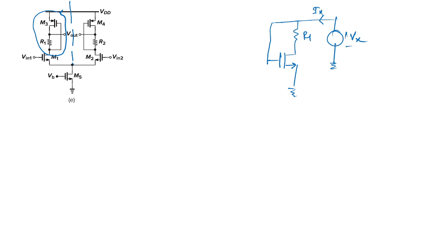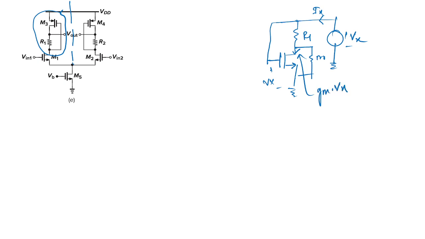If this node voltage is Vx, this node voltage is also Vx because the gate current is 0. So the VGS value is Vx and this is R0. Now what is the current flowing through here? This is nothing but Gm times VGS, so this is Gm Vx.